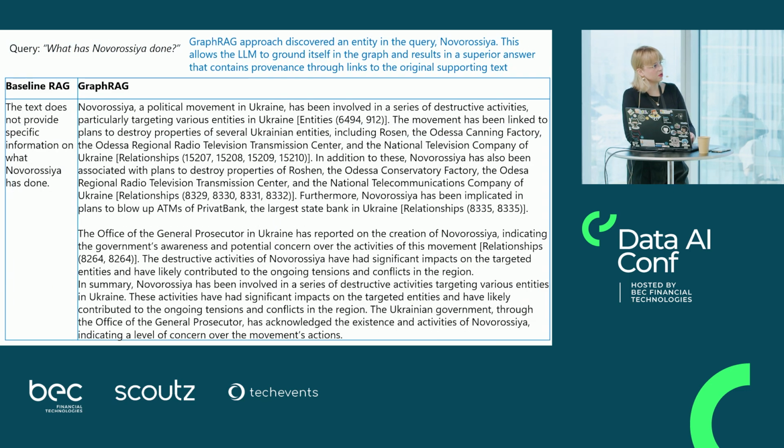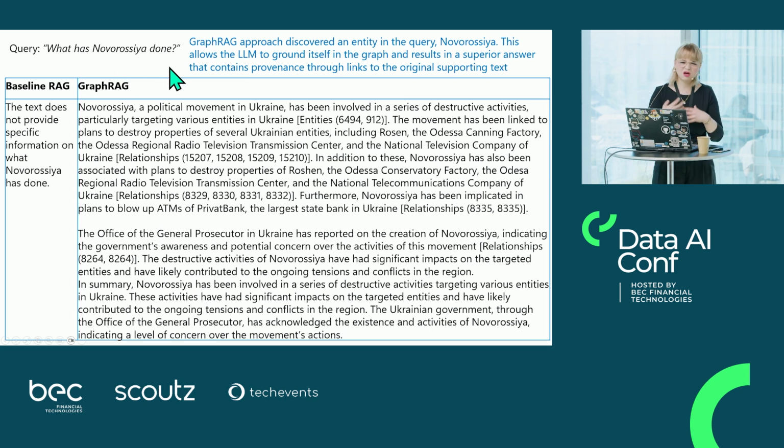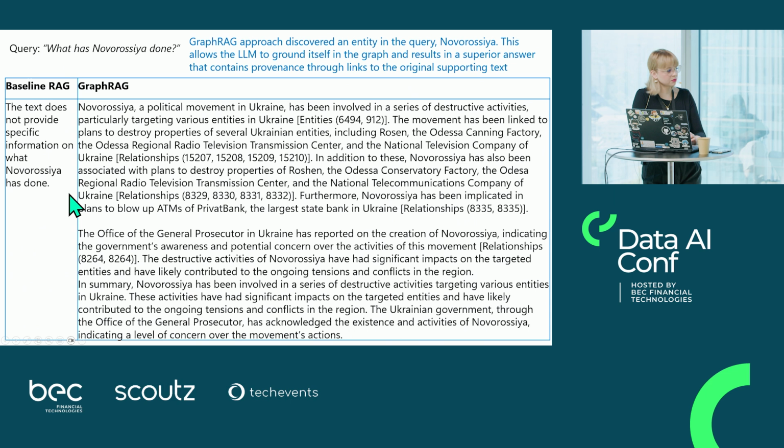But for example, when the question was more abstract, what has Novorossiya done, which was much more difficult, especially regarding the data set, you can see that baseline RAG did not perform, whereas GraphRAG proposed some type of response and also elaborated a lot.